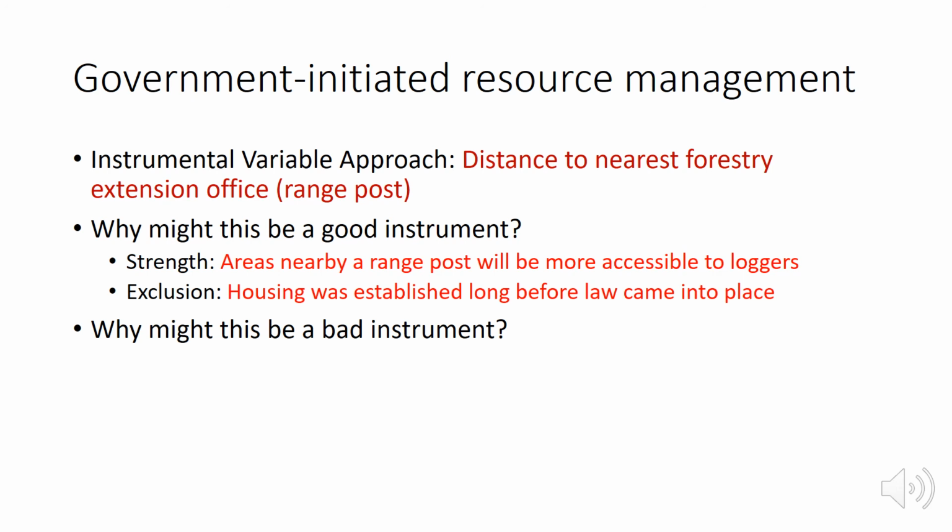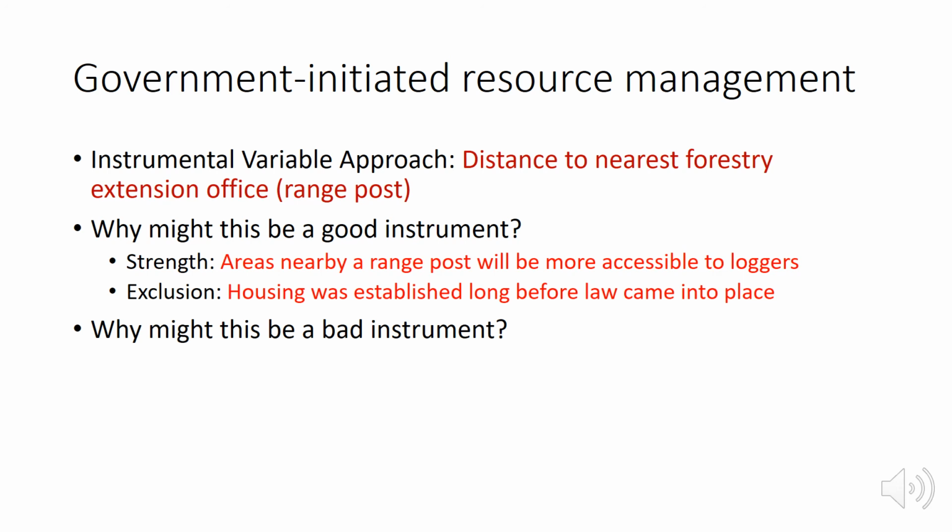Jackie, I'm going to pick on you for this one. Why might this be a bad instrument? Why might distance to the nearest range office be a bad instrument? Right. Different people live in different places, and those different people might have different approaches to firewood. They might have different approaches to other things.